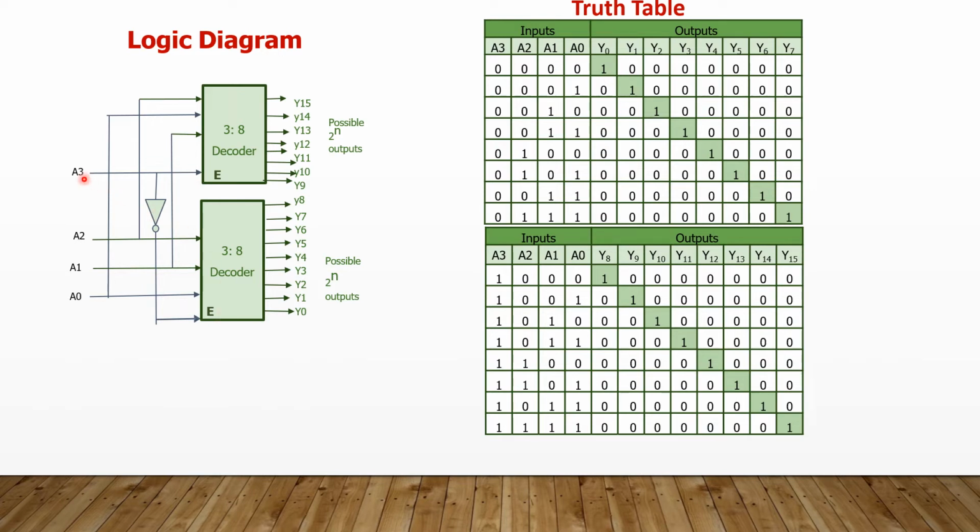Similarly, when A3 is equal to 0, the upper decoder is disabled and the lower decoder is enabled. So we get one among the 2 power n output lines.